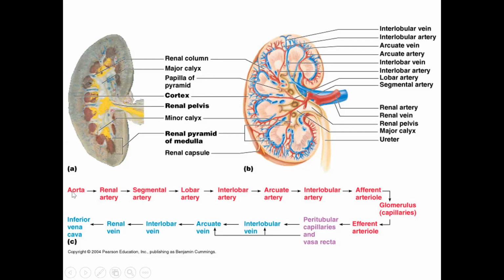All right, start from the aorta, we already know, and then we get to the renal arteries. We know what's in between, right? Aortic arch, and then what? Thoracic aorta, abdominal aorta, and then we get to the renal artery. From the renal artery, it branches out to form segmental arteries.